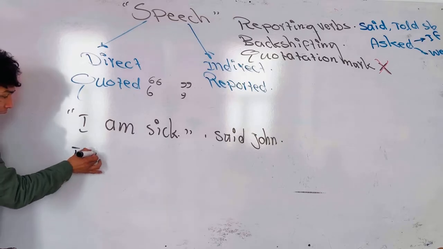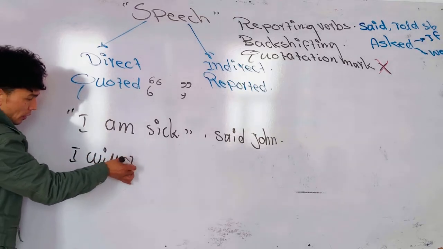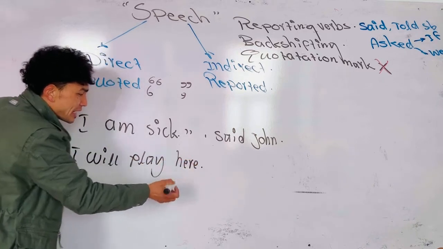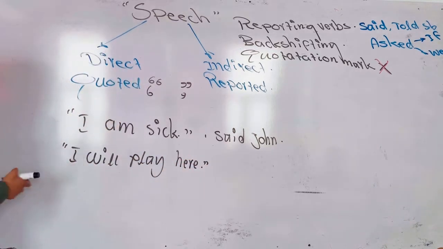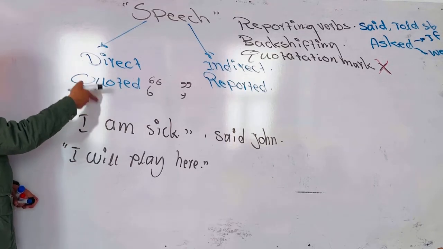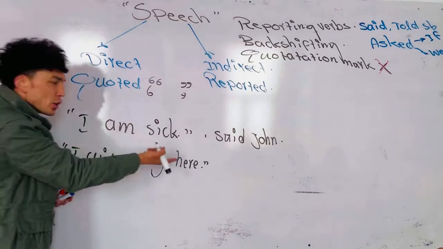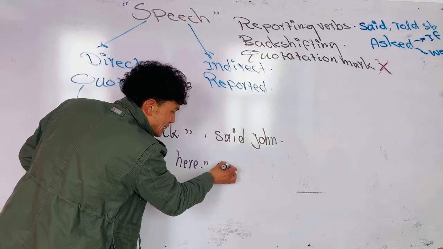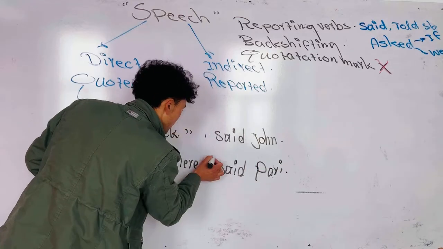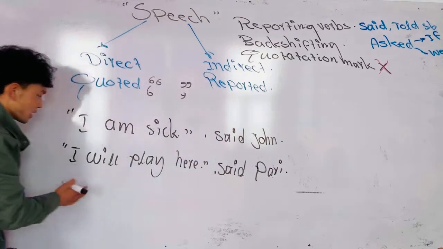Now I will play here. Look at this one. Who said? For example, said Patty. Patty is actually a girl, isn't it? Yeah, a girl.